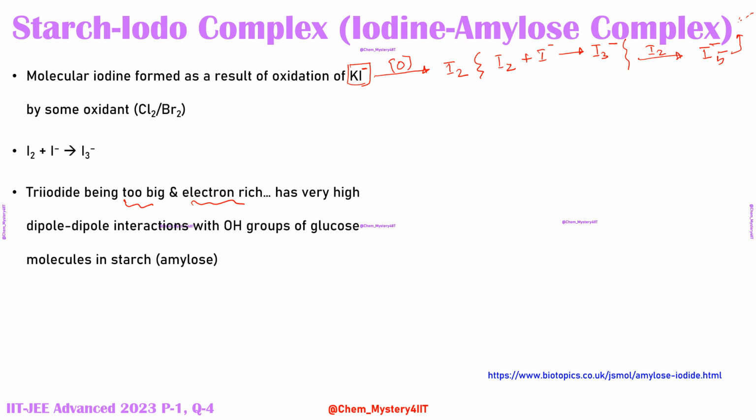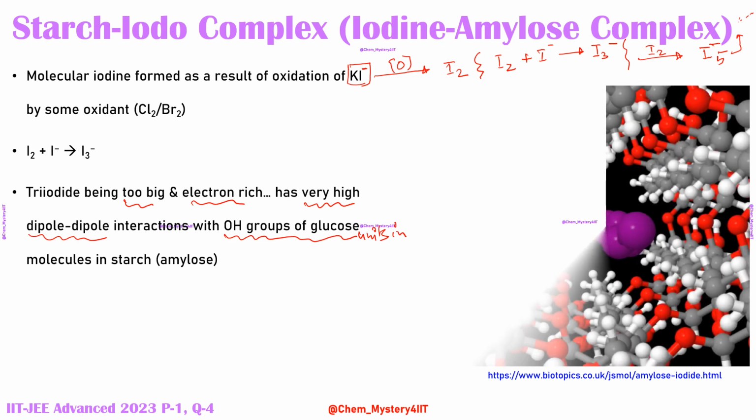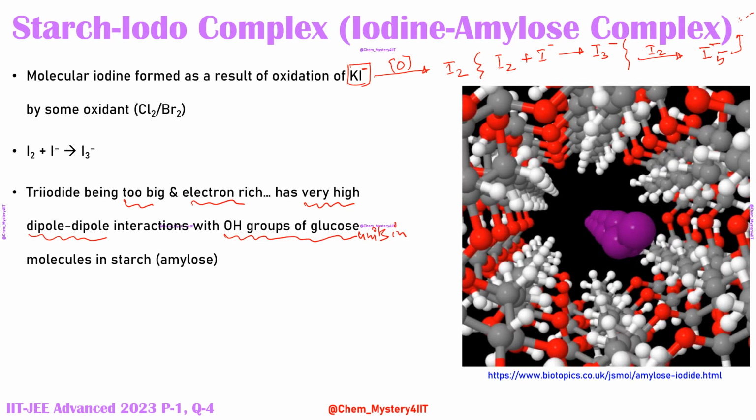So there are going to be huge dipole interactions possible between these triiodide ions and the hydroxyl groups of the glucose units which are present in the molecules of starch, actually amylose. And those interactions we can see over here in this diagram, which is an end-on view of this starch-amylose, this iodine-amylose complex. This is the end-on view.